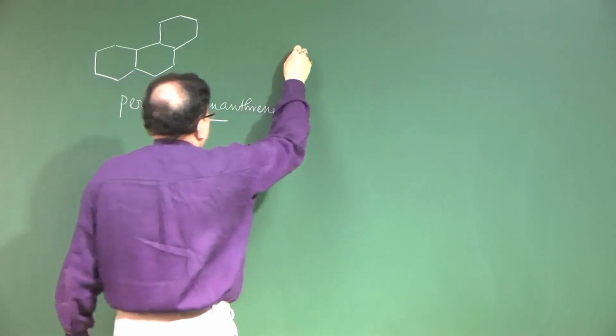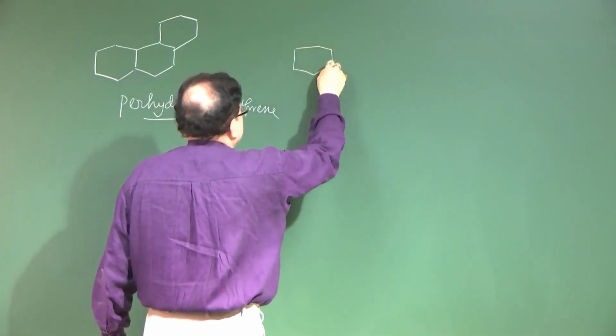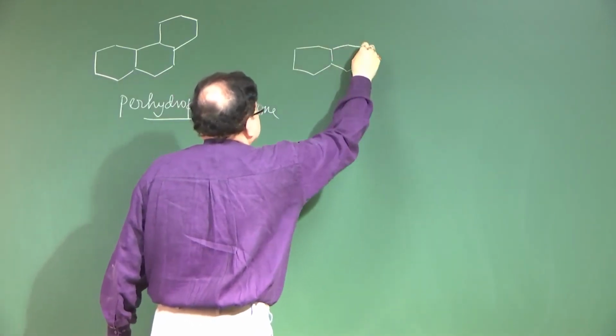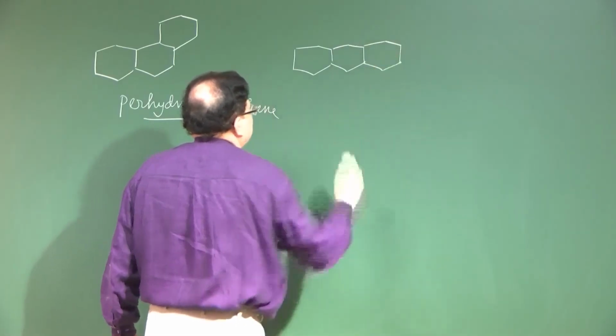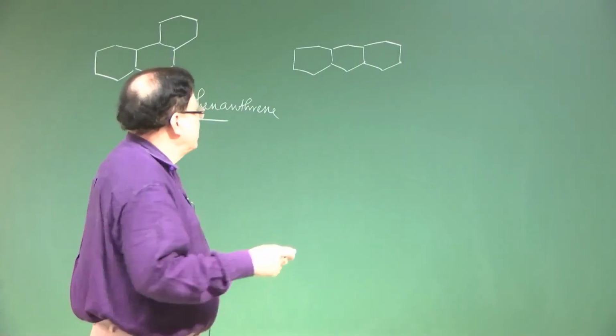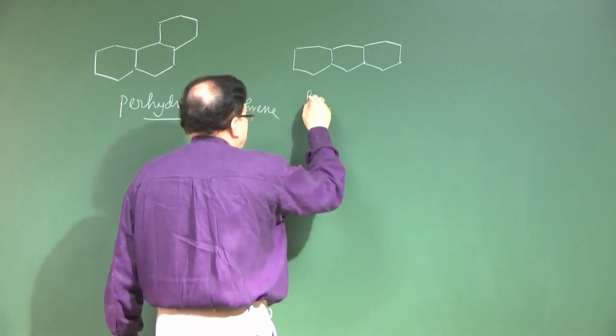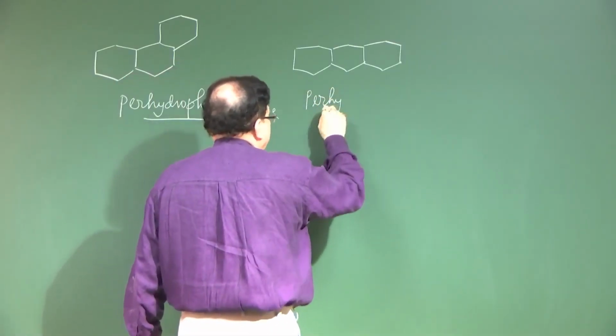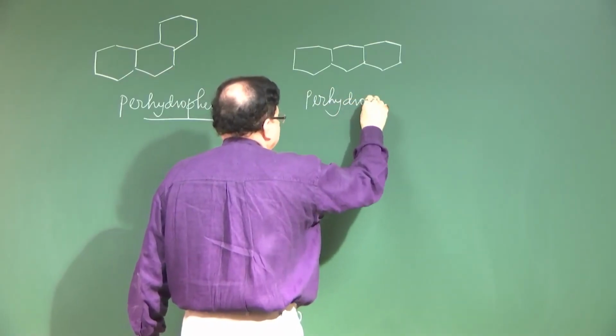And we will also discuss the other system which is derived from the complete hydrogenation of anthracene. So, that will be called Perhydroanthracene.